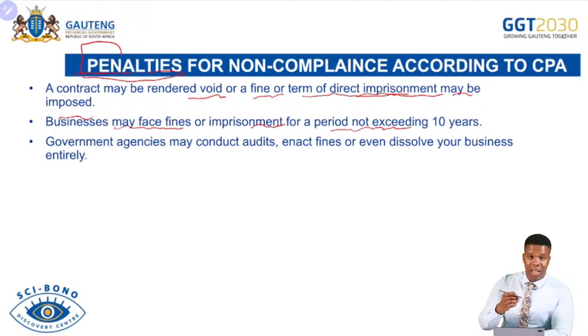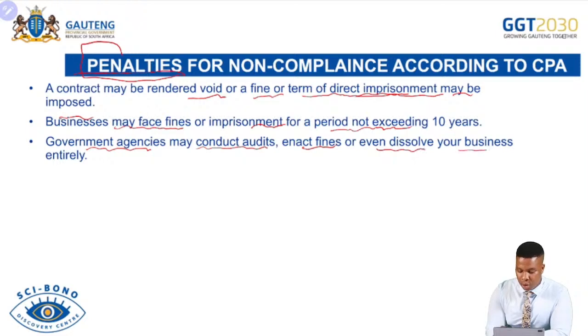So if the business does not follow, this can be the punishment. Government agencies may conduct audits, enact fines, and even dissolve your business entirely. So if the business does not comply, it might be closed or dissolved completely, because consumers are very important for every business.